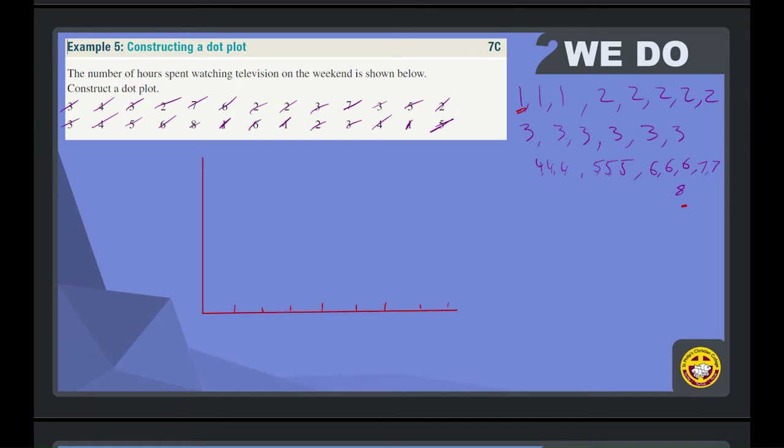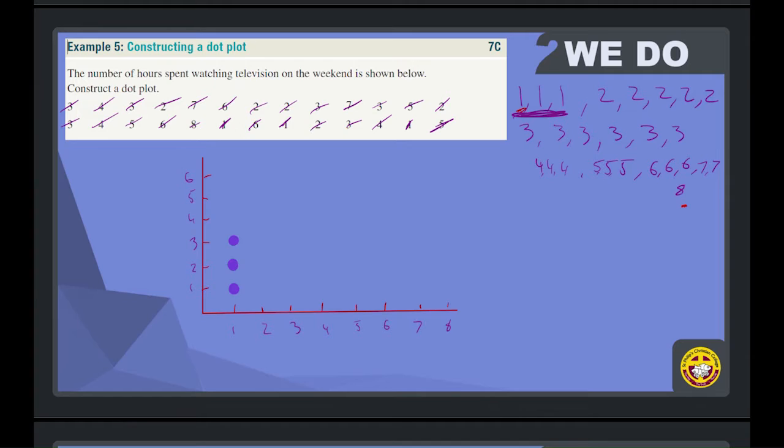And the most we have in one number is 6, so we can put 6 up the side. And now, because we've already done this, it becomes a really easy task of just putting our dots.